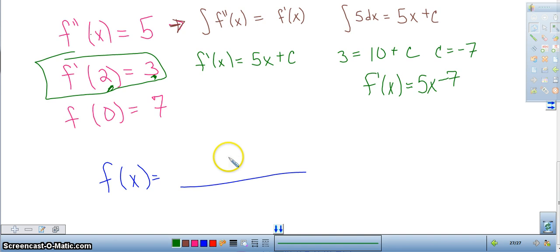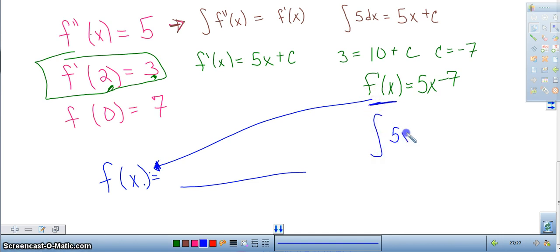That's great, because now that I know my first derivative, I can find my original function. I'm sorry, I want to find my original function, and to do that, if I know my first derivative, I integrate my first derivative. I can break this up into 2.